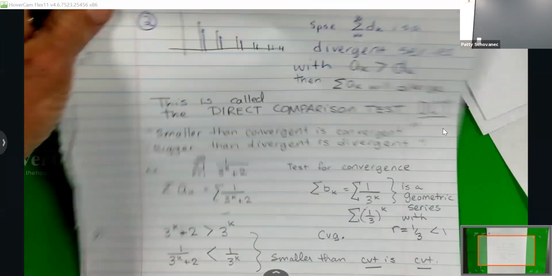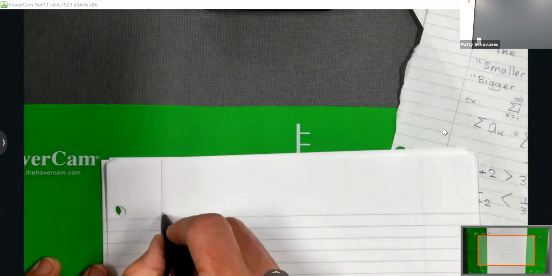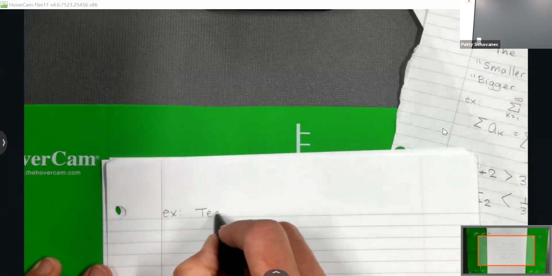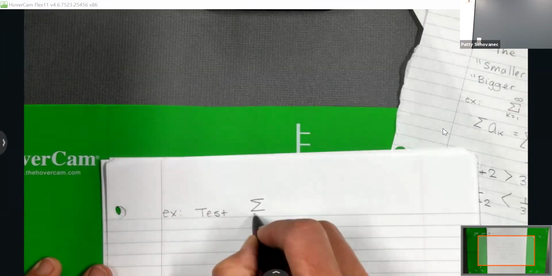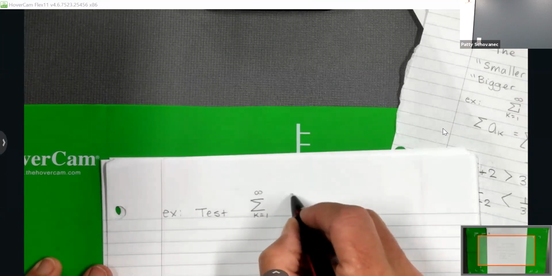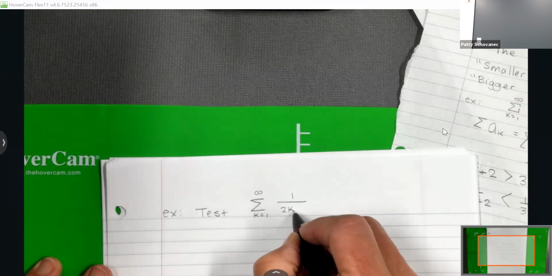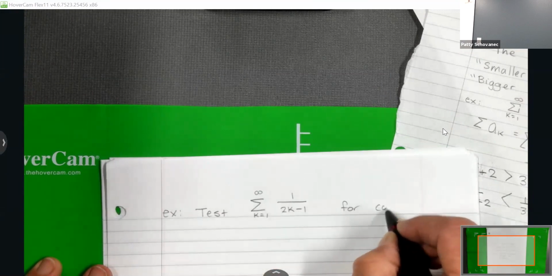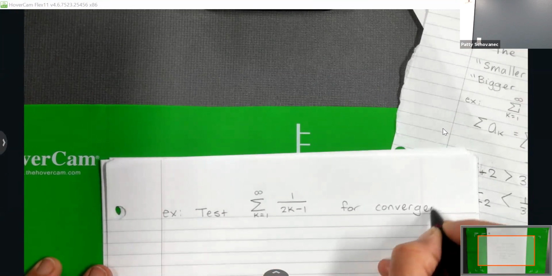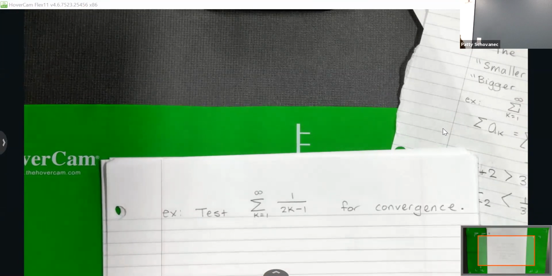So here's my next example. 1 over 2k minus 1 as a series is something that you can easily integrate, right, a k to the first power.